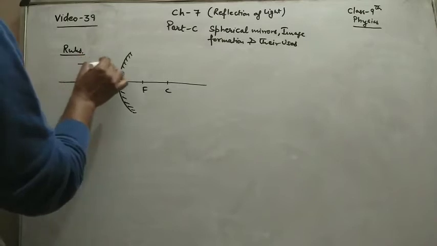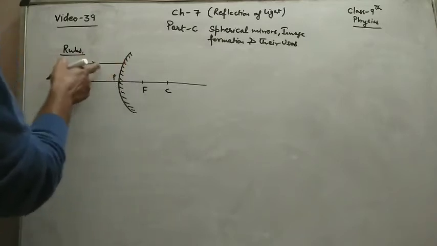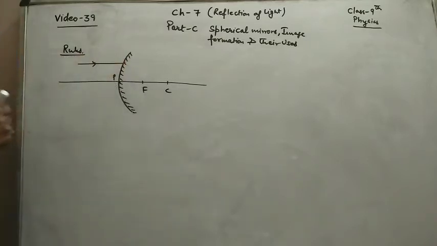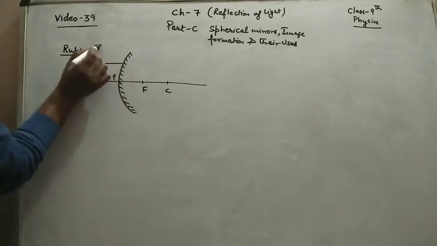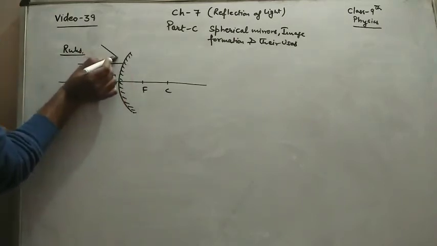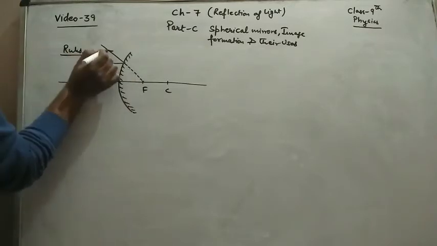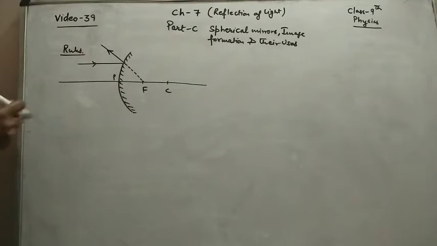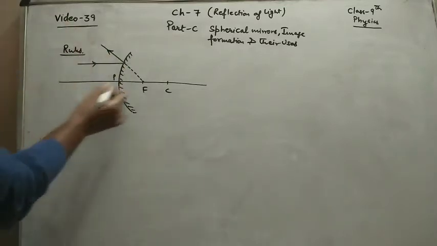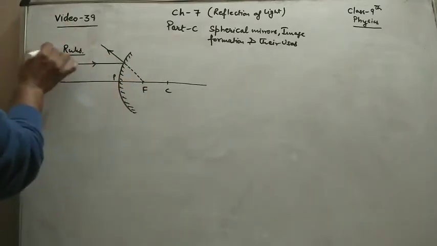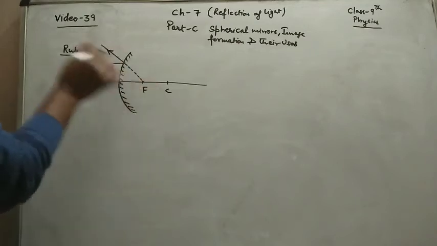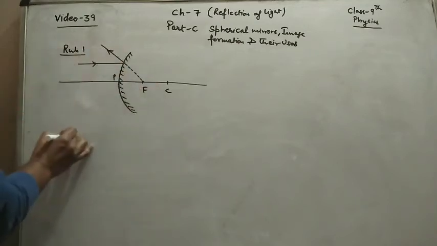Now the ray which is parallel to the principal axis will appear to come from the focus. In this way, it is diverging in nature. After reflection it will go but appears to come from the focus. This is rule number 1.